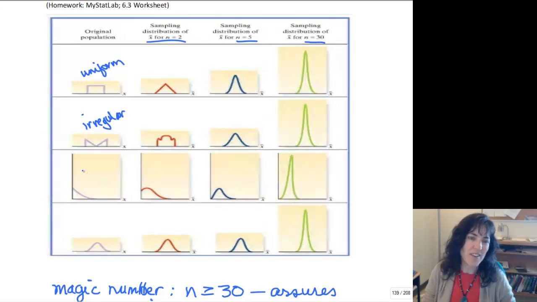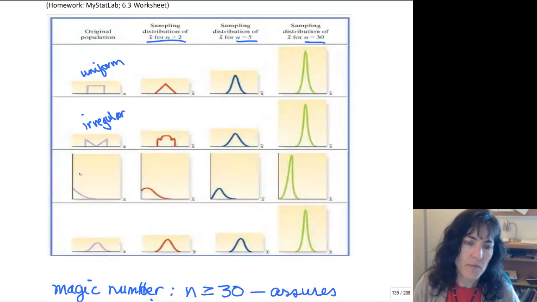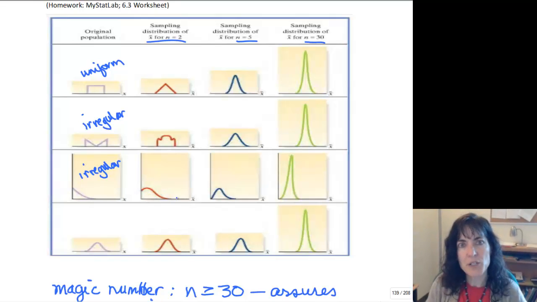This one you could kind of call skewed right, but it's again irregular. And when you look at the sampling distribution of your x bar, it's going to be skewed right if your n equals 2. And here it's starting to look pretty normal, but still slightly skewed right. And by n equals 30, we're looking at a normal distribution for our x bar's sampling distribution.